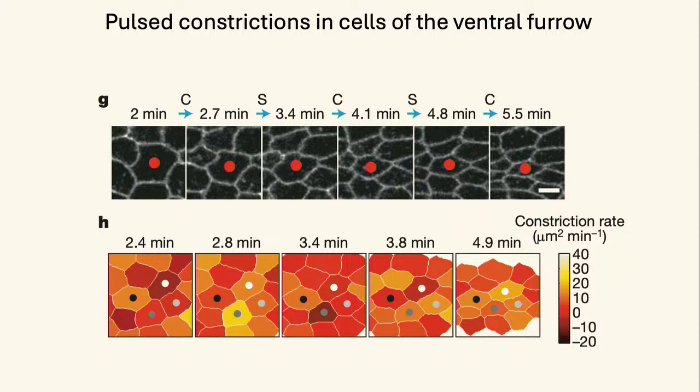Then it moves to a point at which there is a low constriction rate, and then again it moves to a point where it has a high constriction rate, right. And that is the case with all of the cells. They are not all constricting together, okay. They are constricting in their own cycle of constriction and no constriction, right. And one can do that by following the constriction rate of all of these cells.